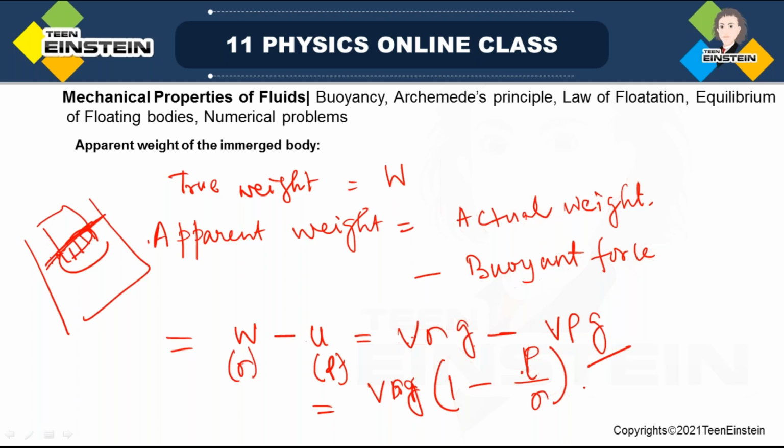This is the volume of the displaced water times rho, where rho is the density of the water and g is the acceleration due to gravity. So it is V sigma g whole into 1 minus rho by sigma. So this is the apparent weight of any body which you immerse either fully or partially inside water, inside liquid or fluid.